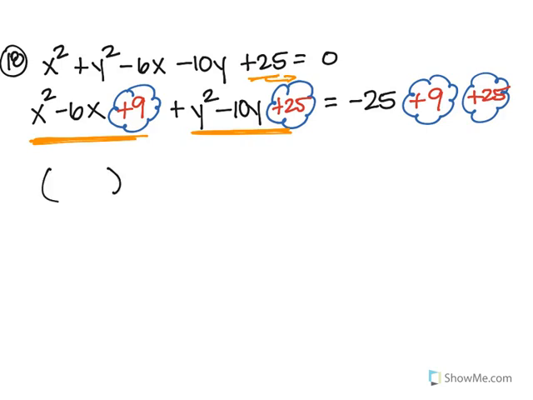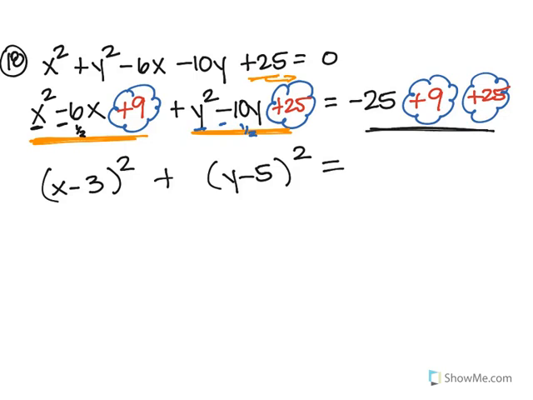So we're going to do our factoring, which is nothing but that parenthesis twice. So what goes in that parenthesis for the x's would be the same variable, same sign, and half of 6. So that would be x minus 3. I did the same thing for the y's. Same variable, same sign, and half of 10, which would give us y minus 5.